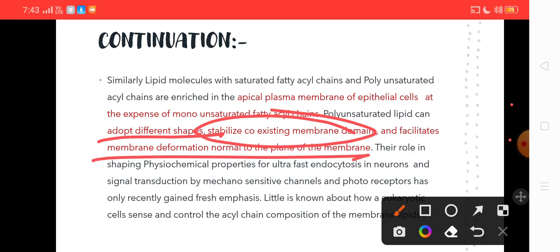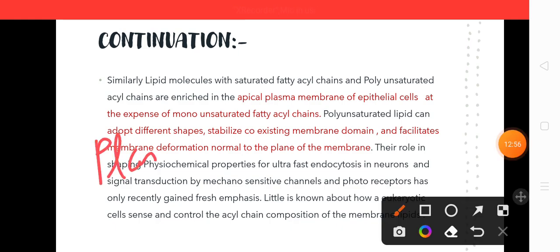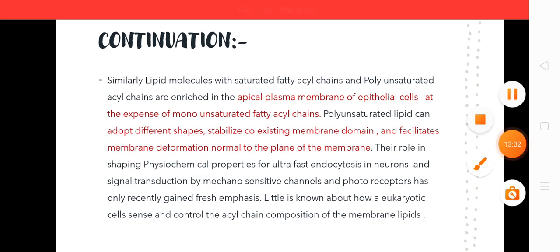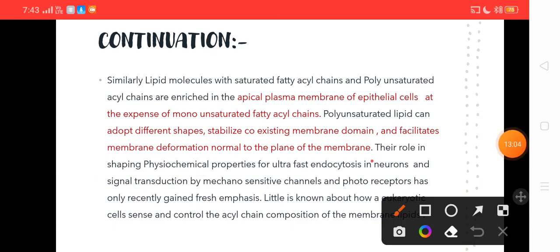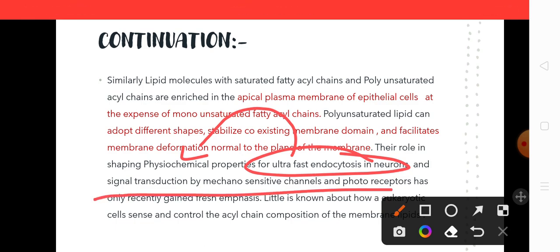And depending upon the need of that particular plasma membrane, the amount of unsaturation will be present in that particular cell. For example, in neurons, ultra-fast endocytosis is necessary, and that can only be done with the help of polyunsaturated fatty acids. Similarly, signal transduction by mechanosensitive channels as well as photoreceptors is very important, and it can be done when the membrane lipid has a high amount of unsaturation.